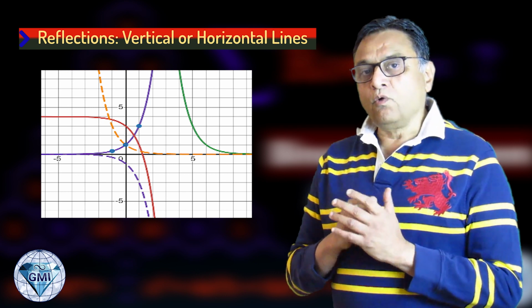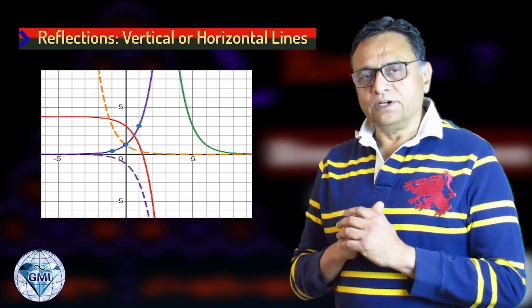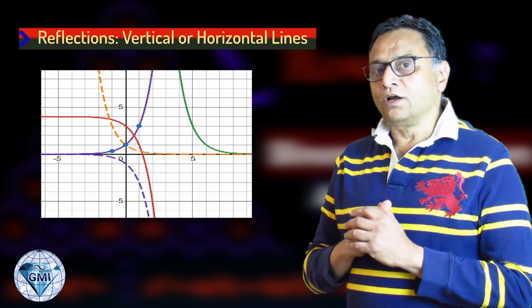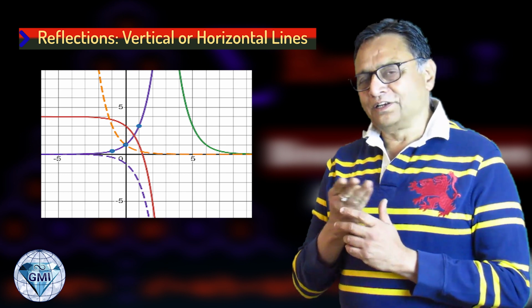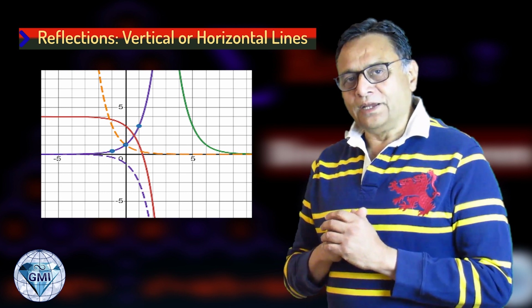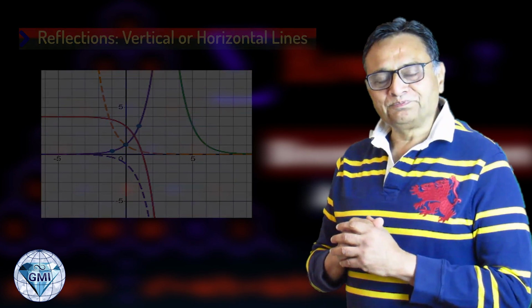That is, what happens to the graph of a function when it is reflected on a horizontal line or a vertical line? That is what we are going to explore today in this video.